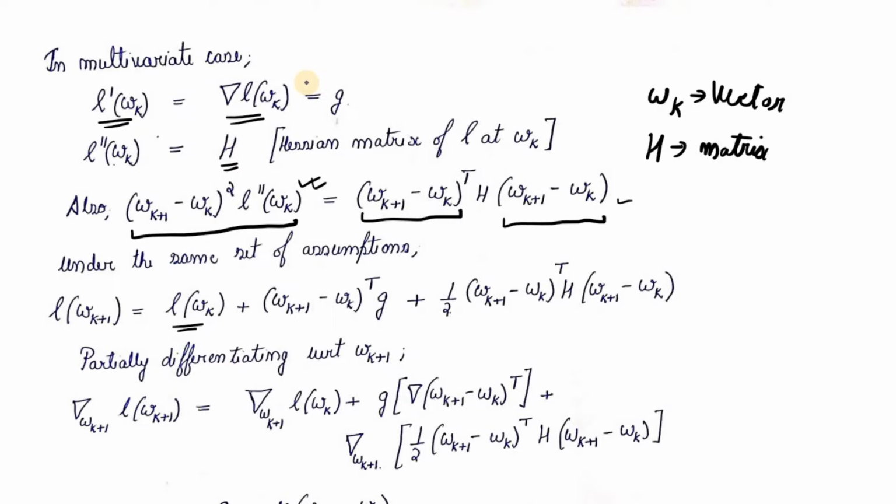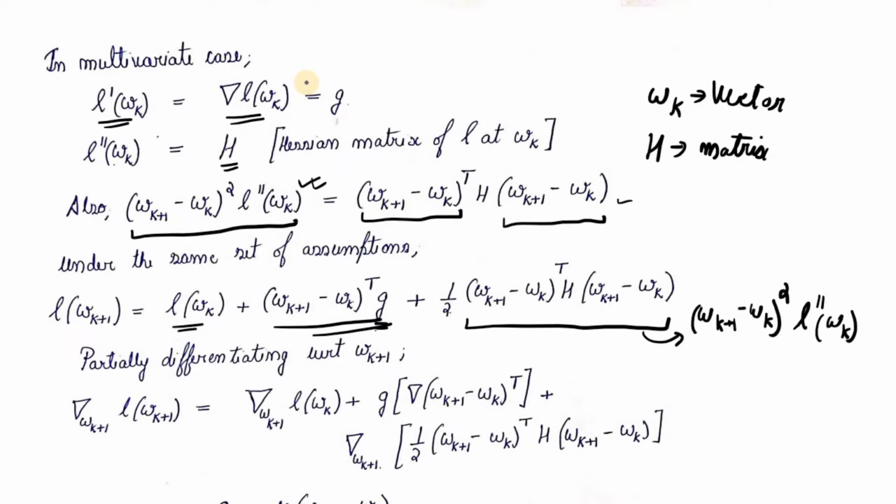We put L(Wk) as it is. The double derivative is being put over here. So this entire term was actually (Wk+1 minus Wk) square, and then L double derivative of Wk, and the 2 was there of course, and this entire term (Wk+1 minus Wk) transpose into G was once (Wk+1 minus Wk) into L dash Wk.